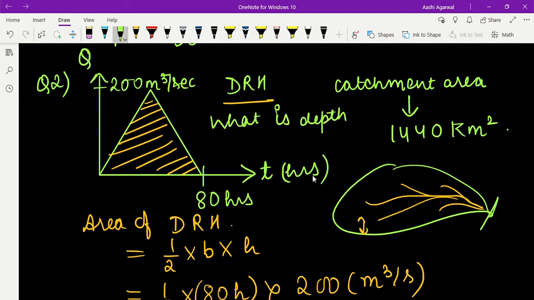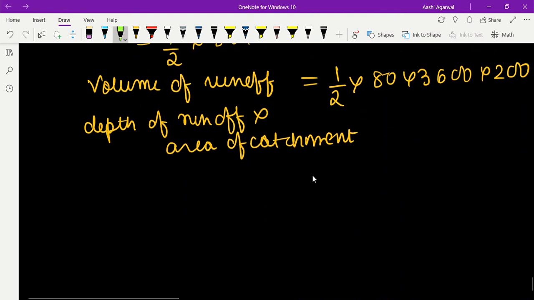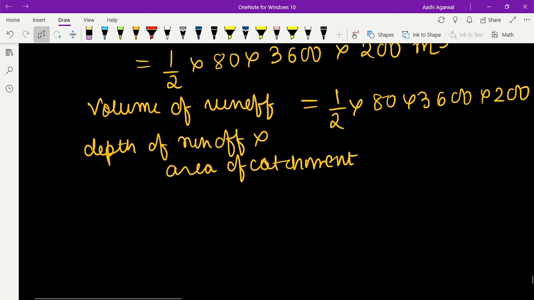Basically, depth of runoff, or runoff, is also called effective rainfall, or rainfall excess, because it is that amount of rainfall which is not going into infiltration and not being evaporated. It is the extra rainfall which is reaching the outlet of the catchment.